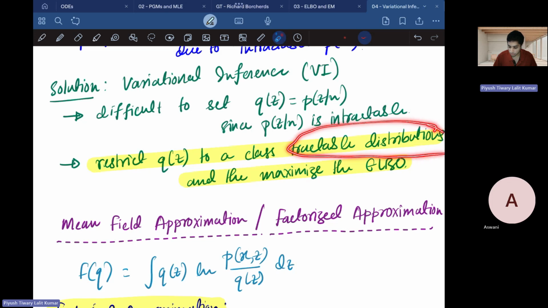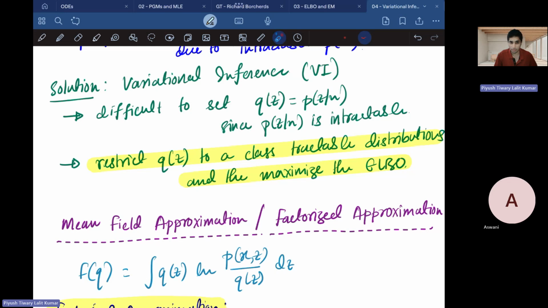So tractability per se is not something that you can explicitly write down in a mathematical equation, right? You will generally have to design a tractable distribution.